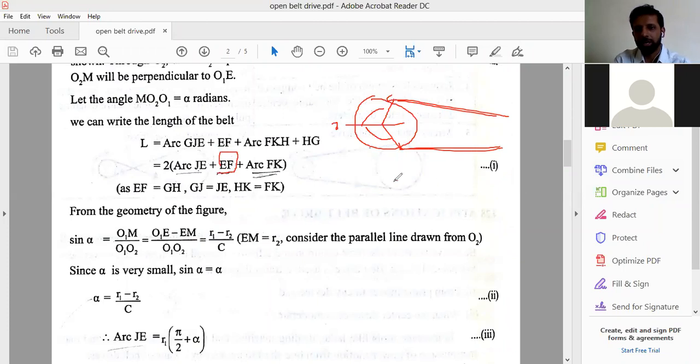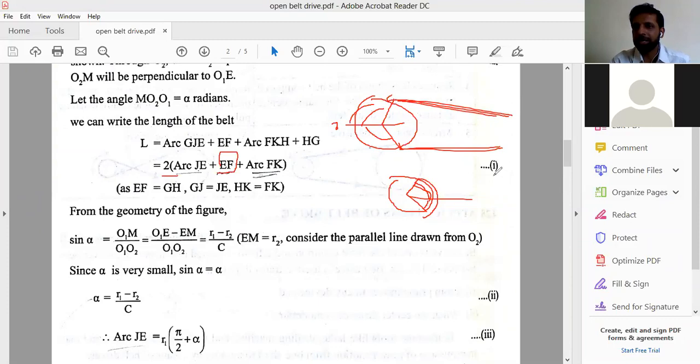Next, coming to the smaller end of the pulley, it's like this, right? If I take only one half of this, which is F to K, it's going to be the mirror image onto the other side. So again, 2 times I can mark. So 2 times arc of J to E plus E to F plus F to K will give me one half of the entire side.